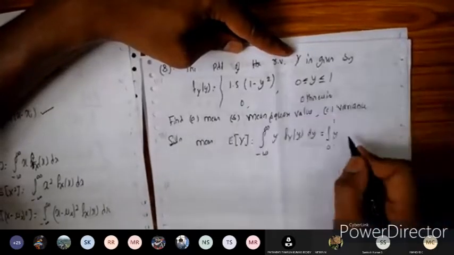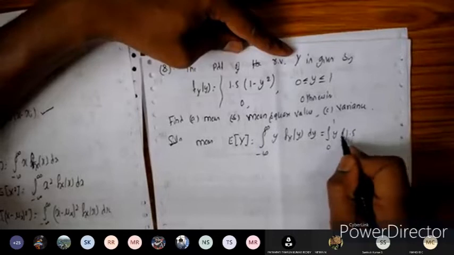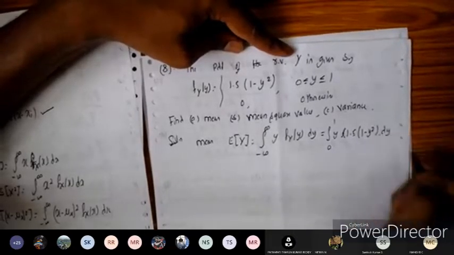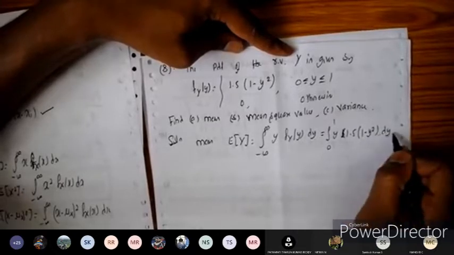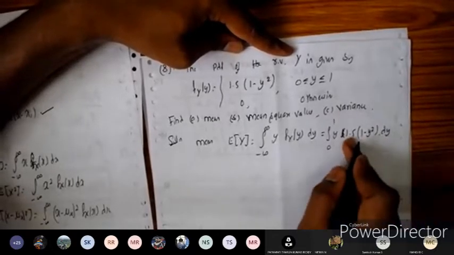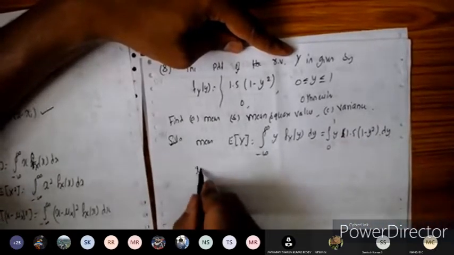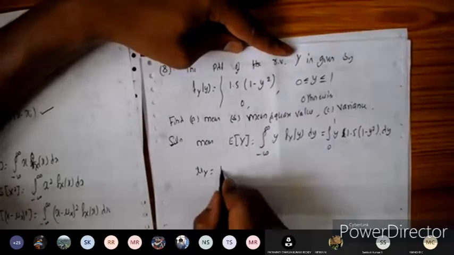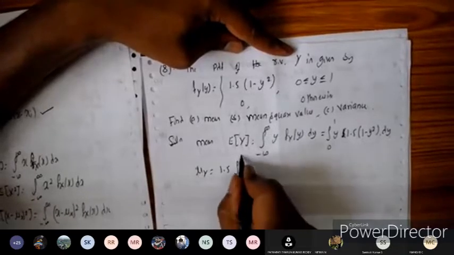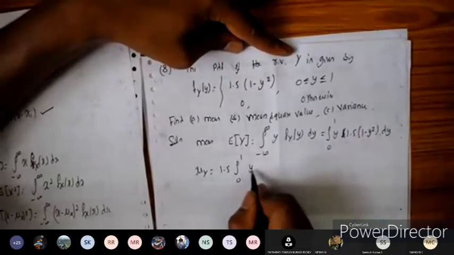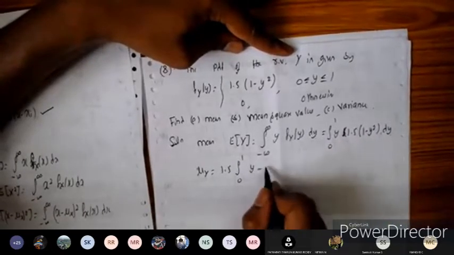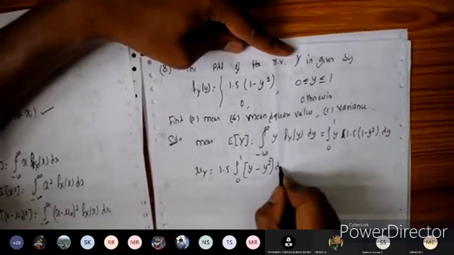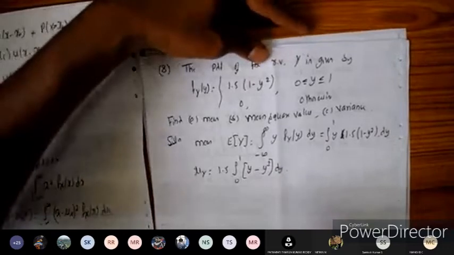Fy of y is nothing but 1.5 into 1 minus y square into dy. Let us take 1.5 outside the integral. We can write the expected value of y as mu y also. So 1.5 times the integral from 0 to 1 of y into 1, which is y, minus y square into y, which becomes y cube, dy.